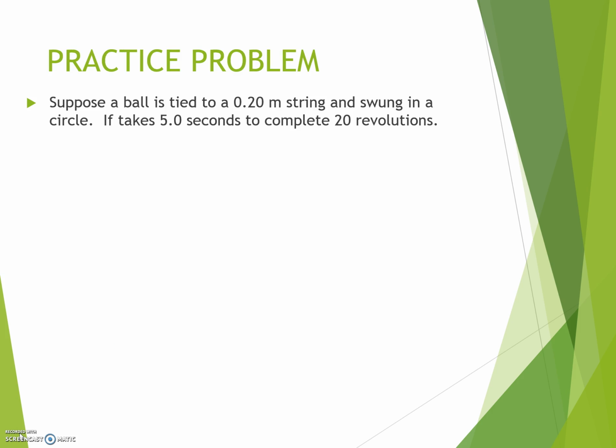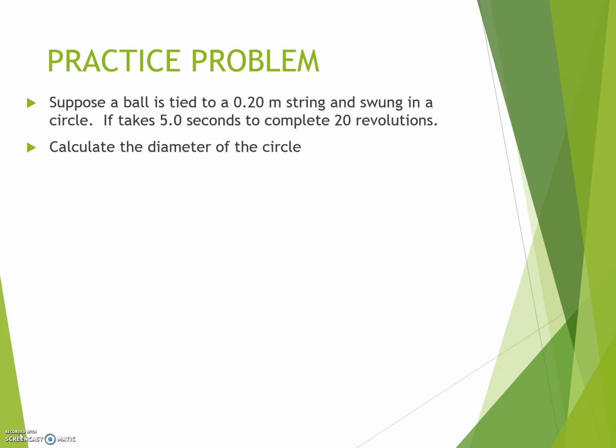So let's look at a practice problem. Suppose a ball is tied to a 0.20 meter string and swung in a circle. If it takes 5.0 seconds to complete 20 revolutions, the first thing we want to do is calculate the diameter of the circle. So think about the ball on a string, and we swing it around in a circle.